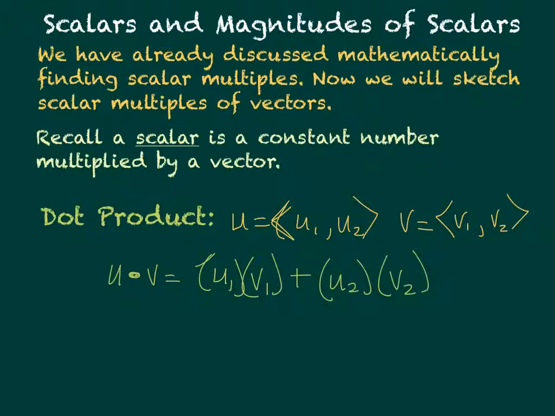So basically, instead of adding the corresponding parts, you're just going to be multiplying them together and then adding all of them. All right, so that is what we call the dot product.